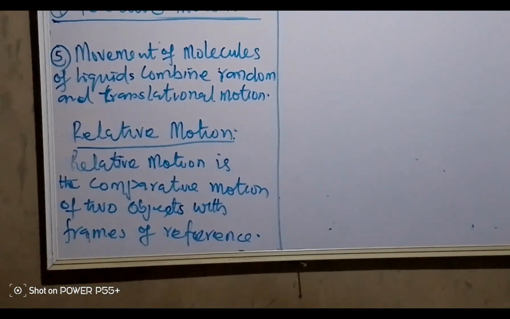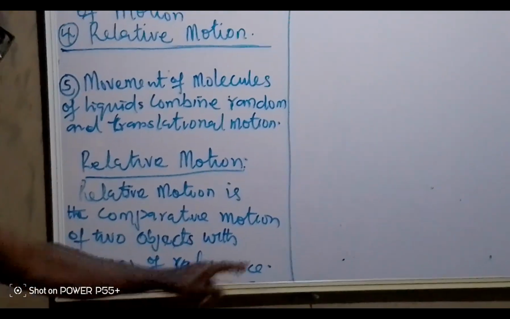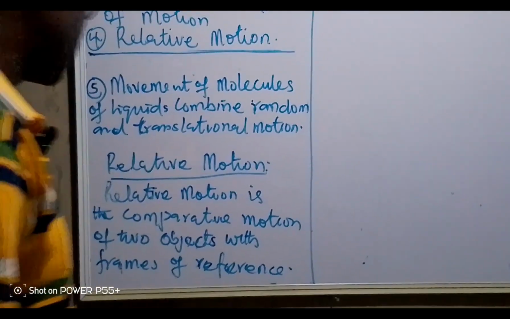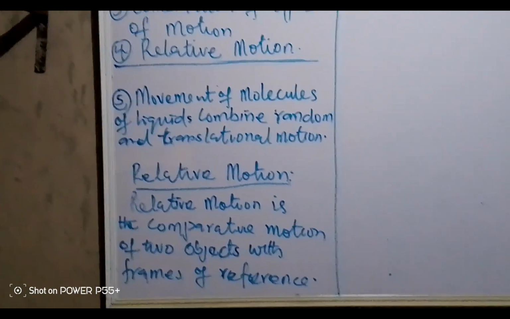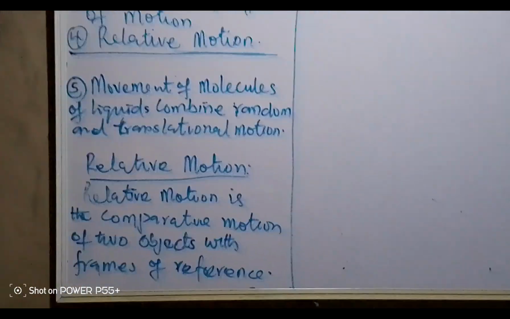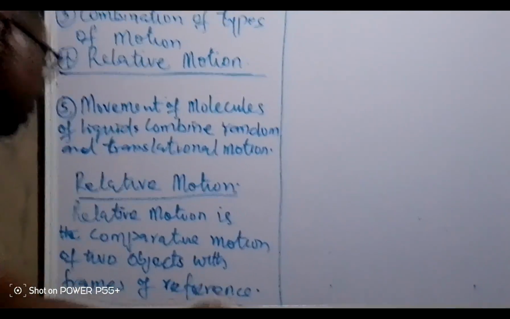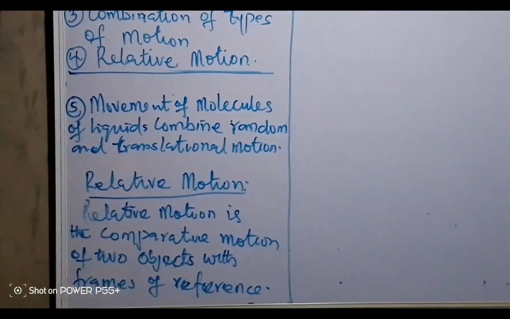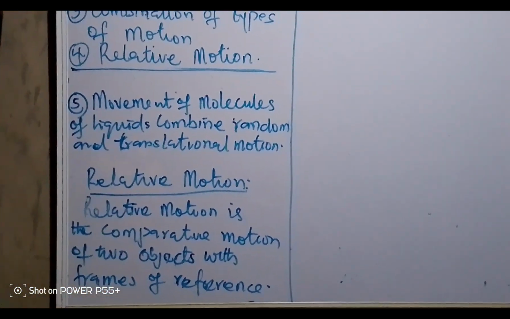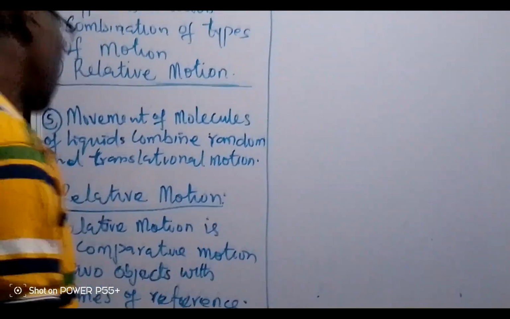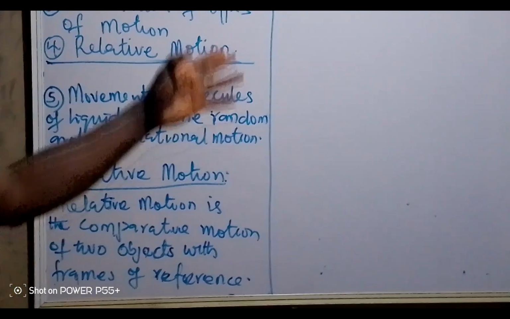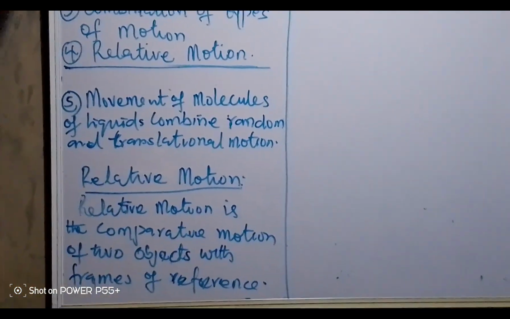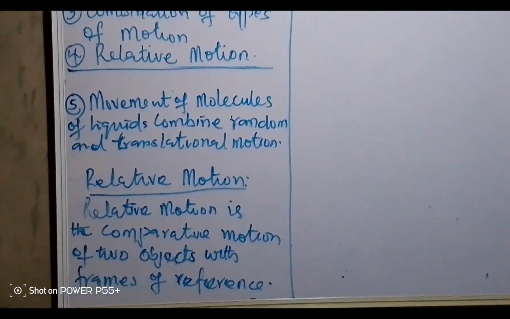By frame of reference, we mean the position of an object at a particular point. Or in another way, relative motion is the motion of an object observed over another object, either at rest or in motion.